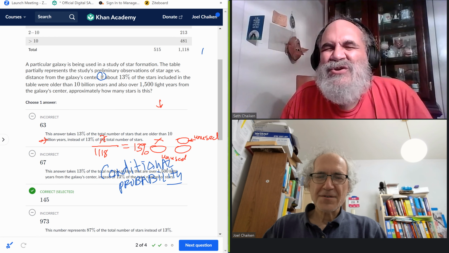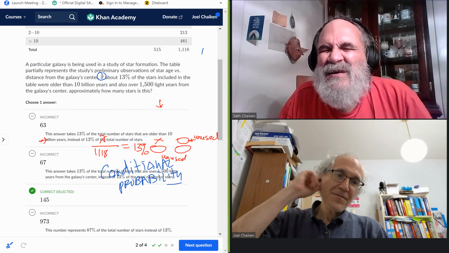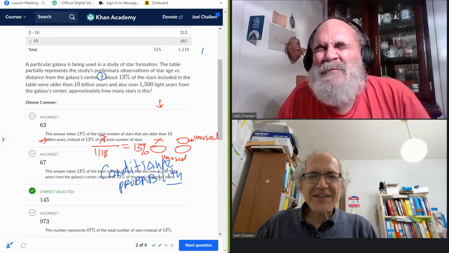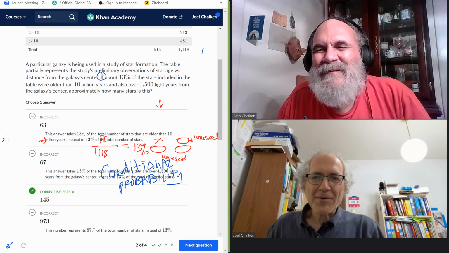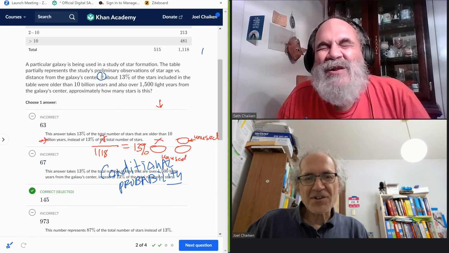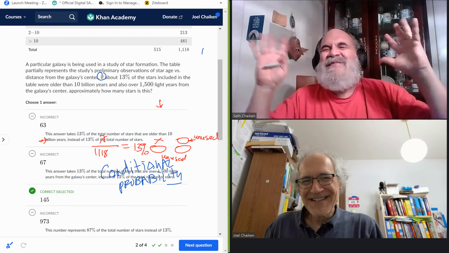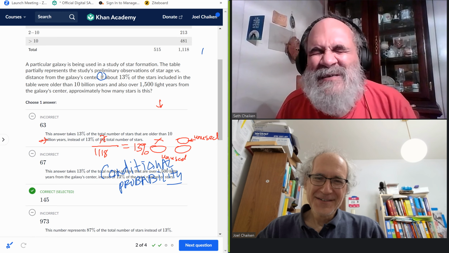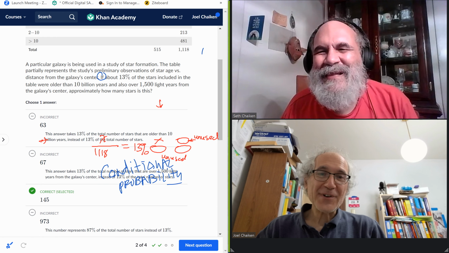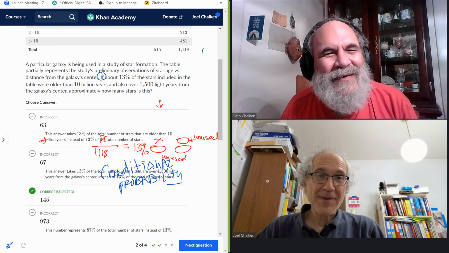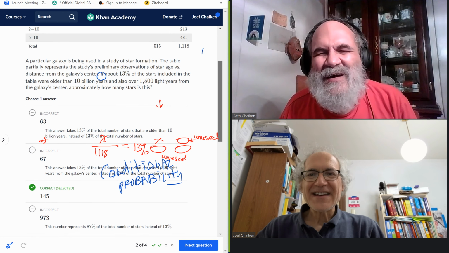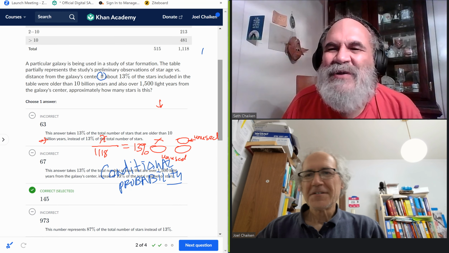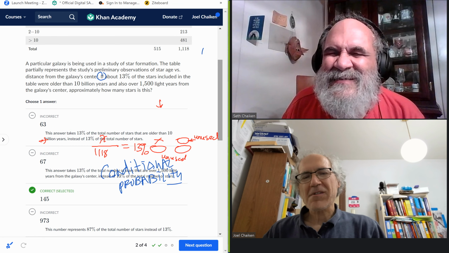Maybe you should explain what conditional probability is, and you'll see why it's irrelevant to this problem. Let me admit, I don't know that much about probability. If everybody's listening to this, do your homework. Learn what conditional probability means. I thought this was bordering on conditional probability. But maybe everything borders on everything else. But the question is, is it or isn't it?